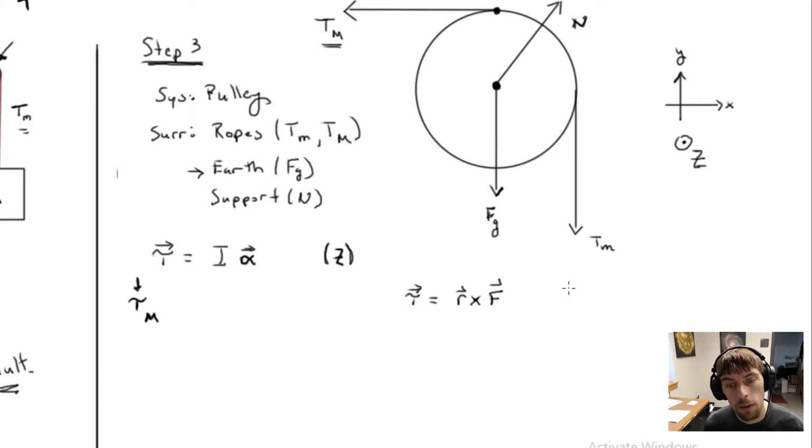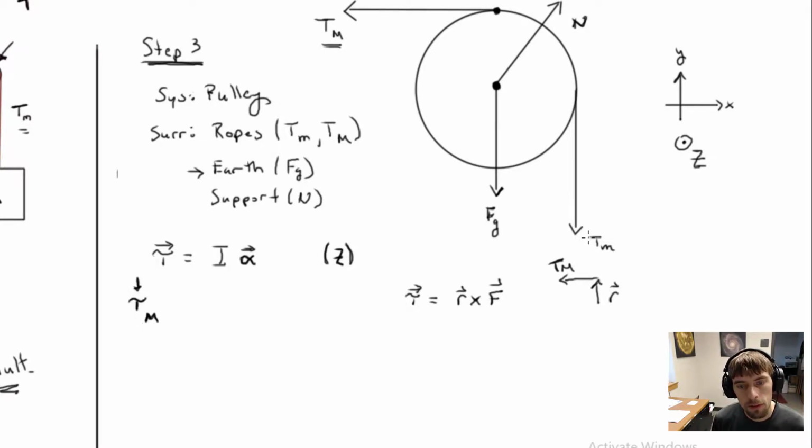In this case, it's in the y direction, so it'd be R. The force is in the negative x direction, that would be T big M. R cross T, I get out of the screen. That's positive z, so I'll leave this as a positive.